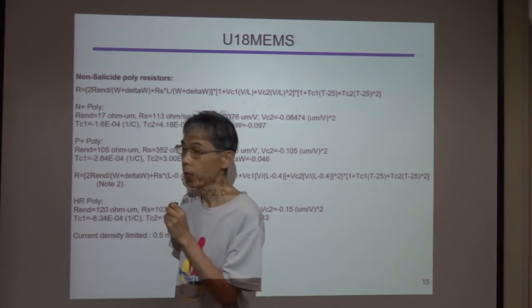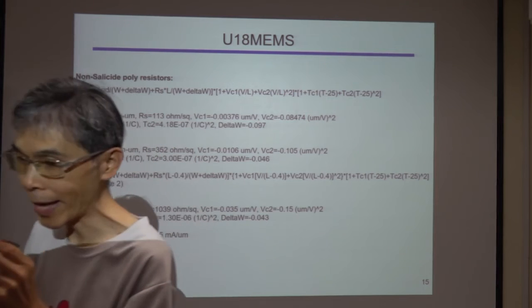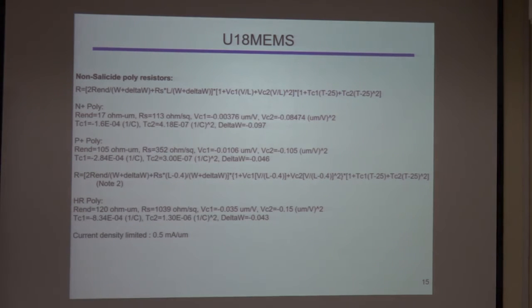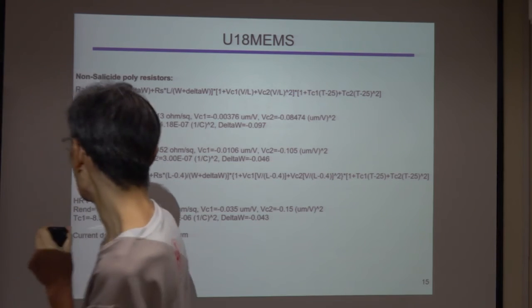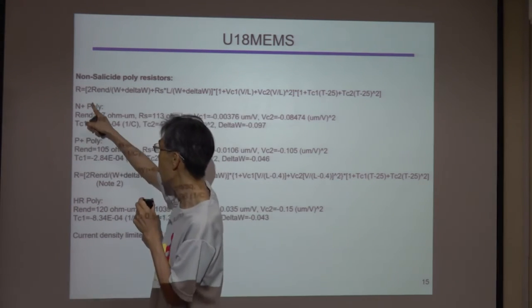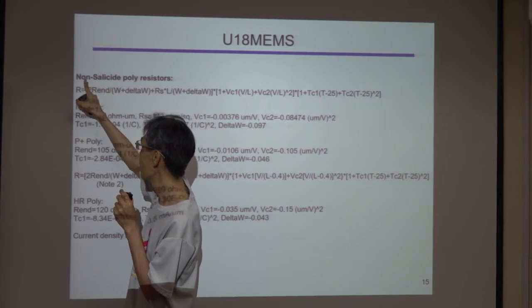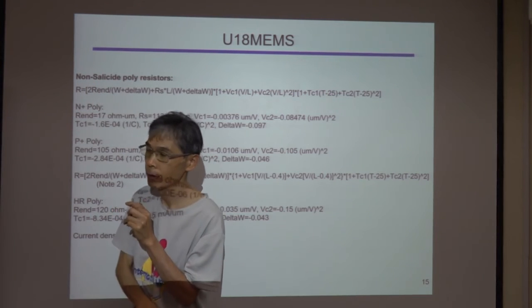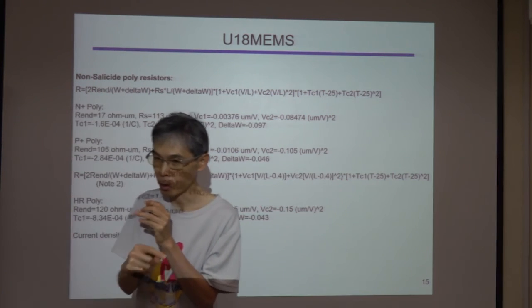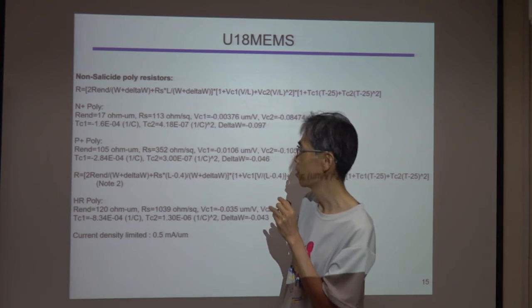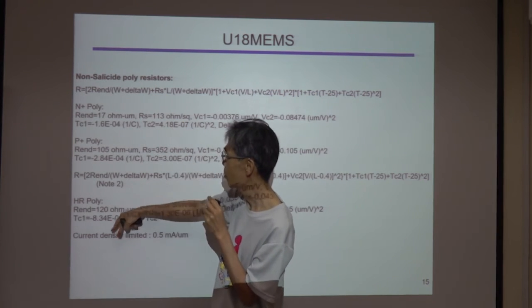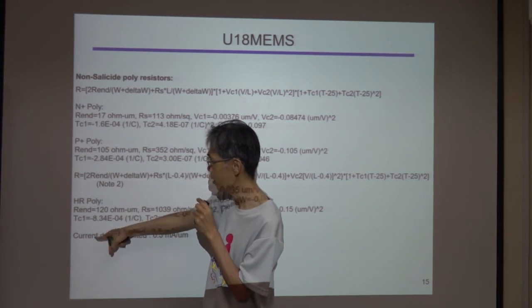Non-solid poly means we do not add metal to the polysilicon. Adding metal increases conductivity but decreases resistivity, so we prefer not to add metal to the poly. So for non-solid poly, we have N plus, P plus, and HR poly.